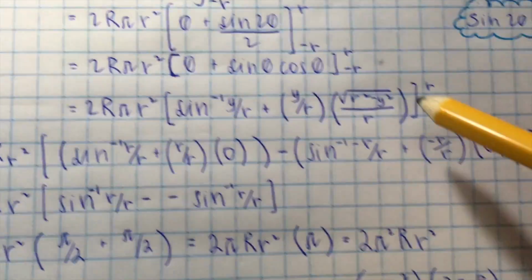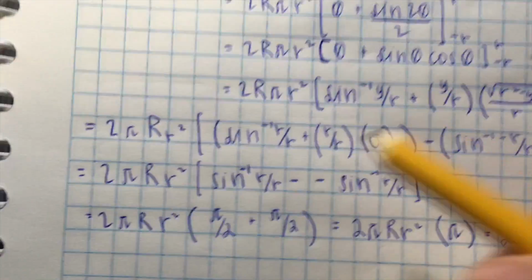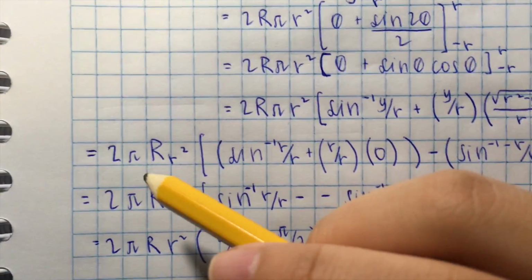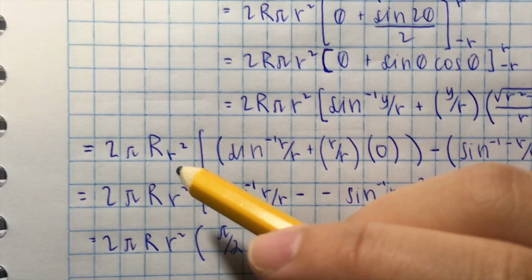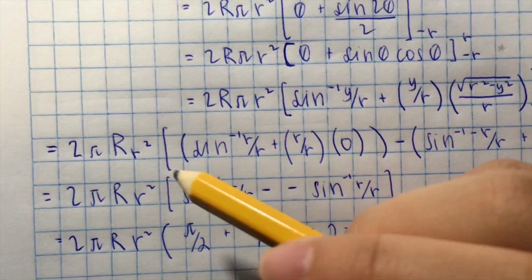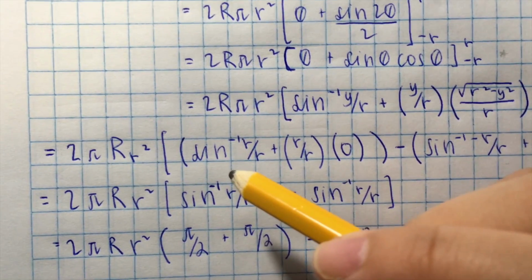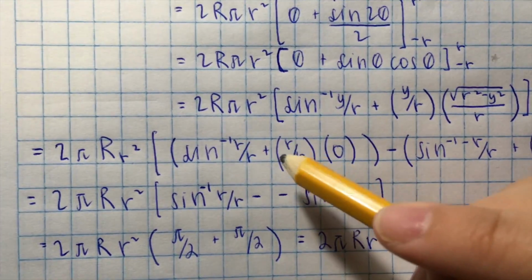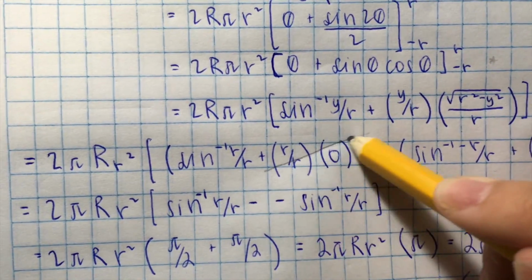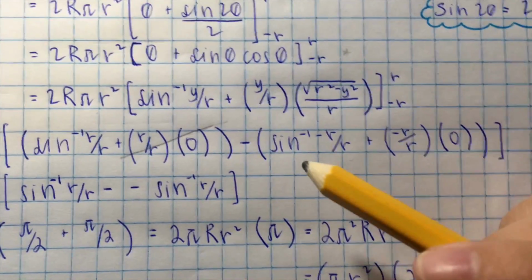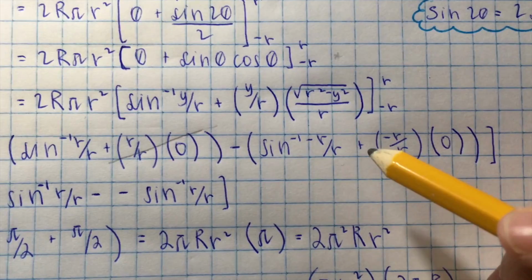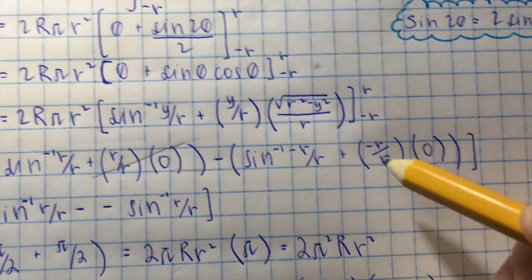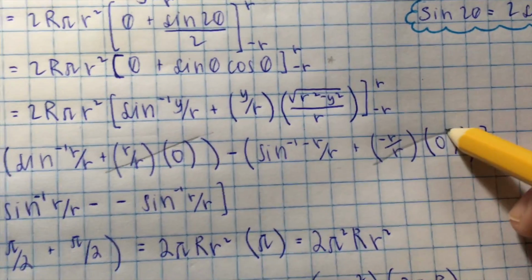And so when we replace both our values, we're left with 2 pi big R little r squared of brackets arc sine of r over r plus r over r times 0, so this would be 0, minus arc sine of negative r over r plus negative r over r times 0, which would also be 0.